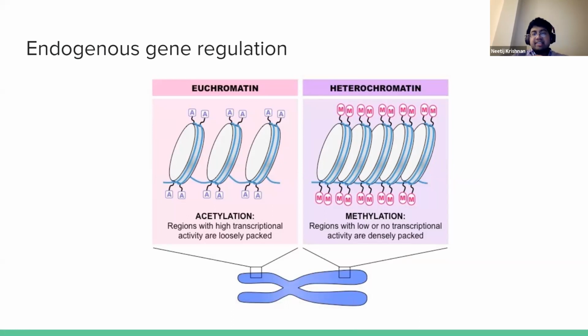Heterochromatin is pretty tightly packed and not transcribed. Euchromatin tends to have high acetylation. Acetylation is when you've added acetyl groups to the histones, and you have activation of gene expression. Methylation, where you add a methyl group to either DNA itself or histones, can reduce transcriptional activity.